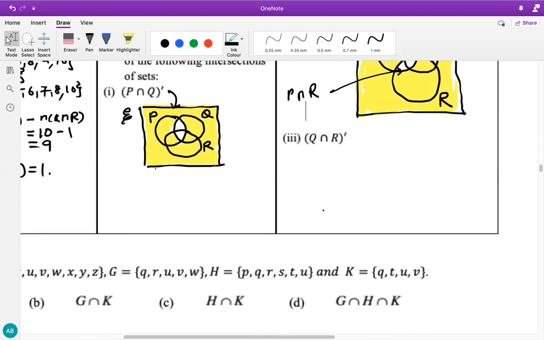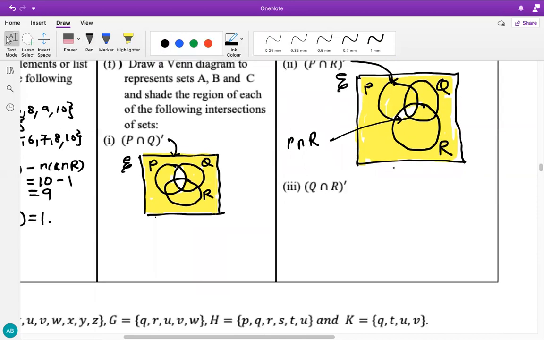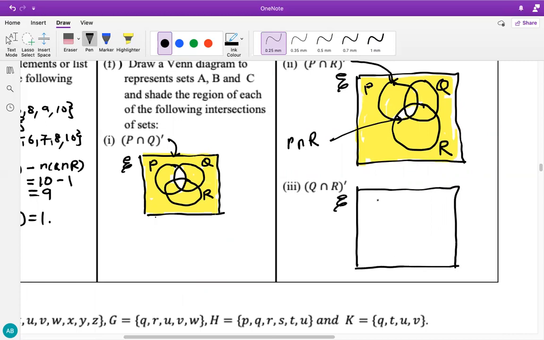Okay, so we go to Q intersect R prime. So Q intersect R prime. So this is P, this is Q and R. So if you want to make it more beautiful, I think more relevant, you can do like this. This is R. Okay, so this is Q. So we don't touch on that side.